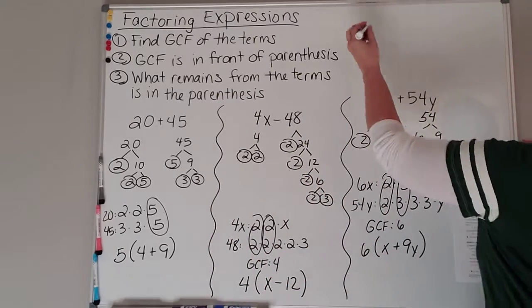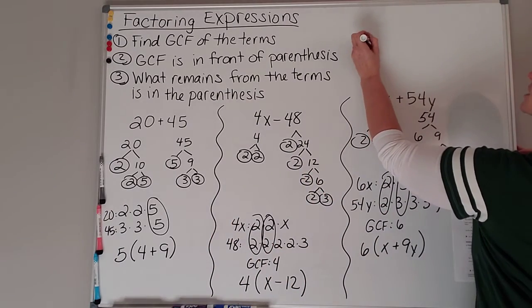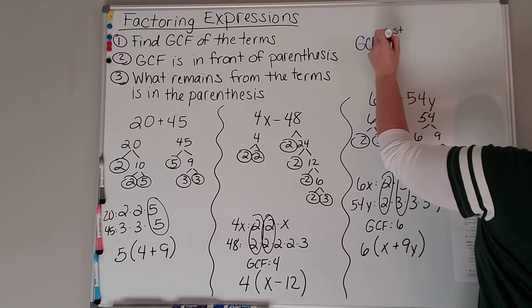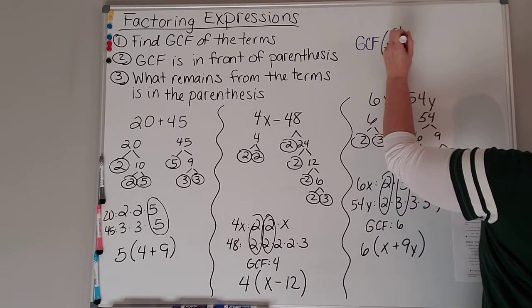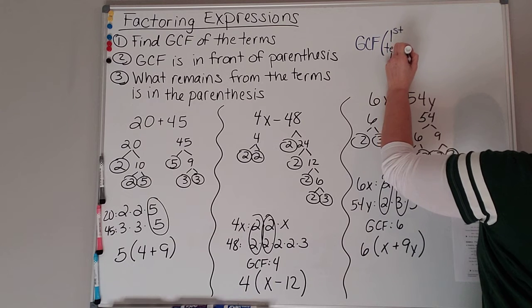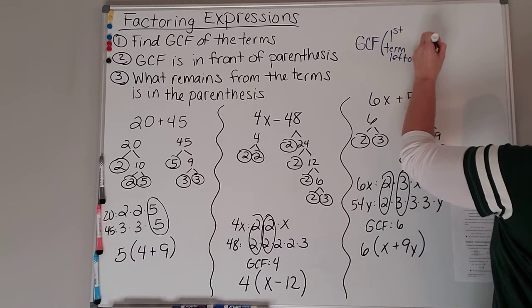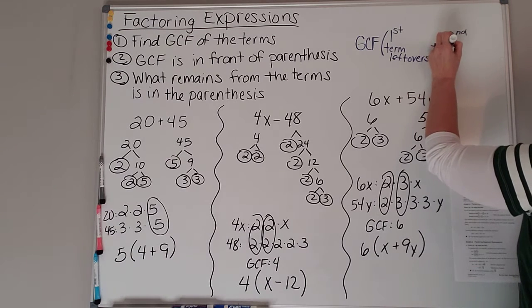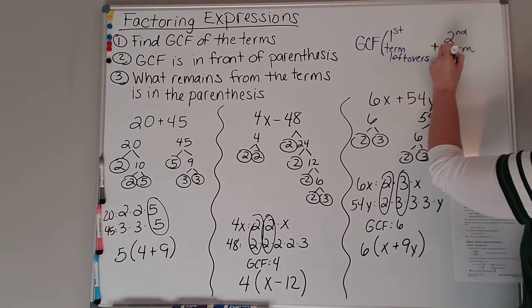So essentially, you'll have the GCF times the first term leftovers plus or minus the second term leftovers.